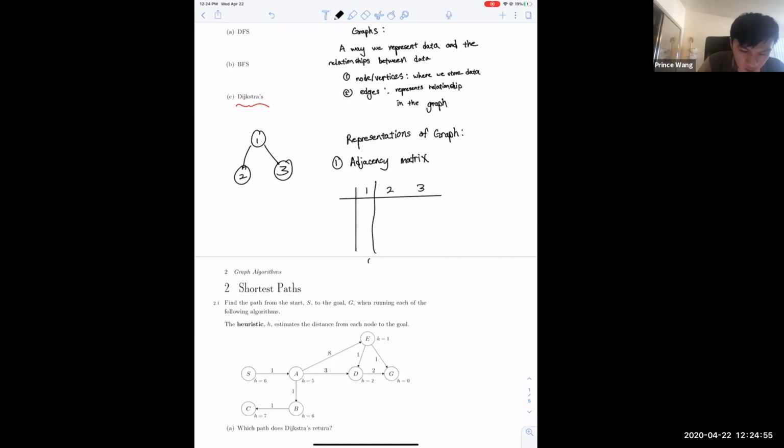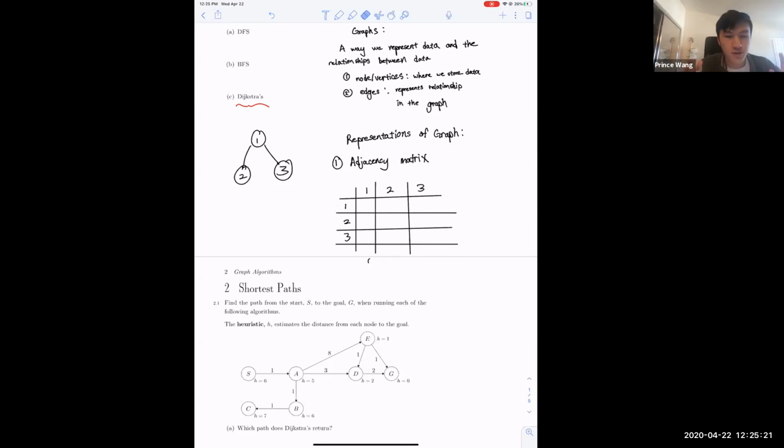These are the nodes or vertices. And the row labels are also the names of the vertices. So what does each box mean? This box means, from node 1 to node 2, is there an edge?